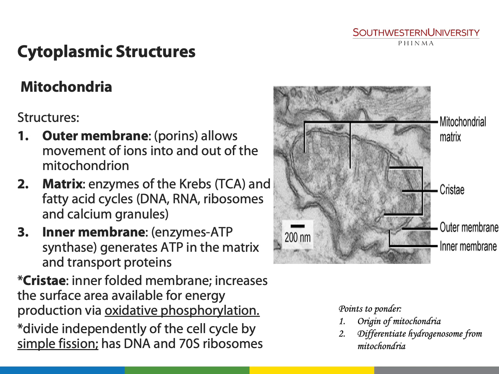Matrix, your matrix is the space within your inner membrane of the mitochondrion that contains enzymes of the Krebs cycle and fatty acid cycles, alongside your DNA, RNA, ribosomes, and calcium granules.